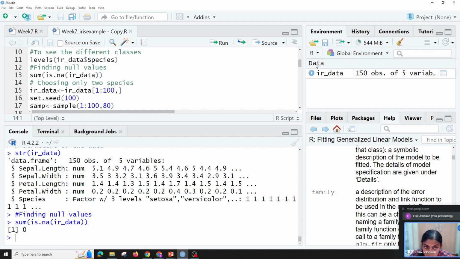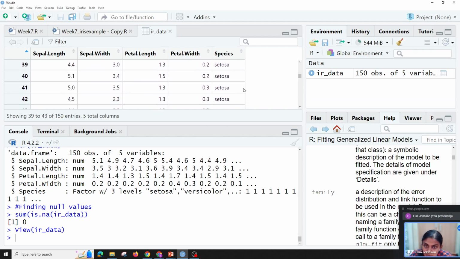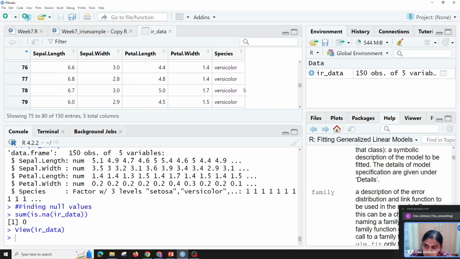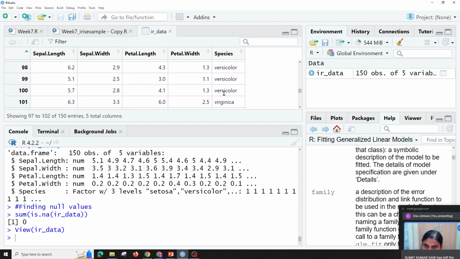I know that in the first 100 observations only versicolor and setosa are coming. This particular data set is distributed so that the first 50 is there.